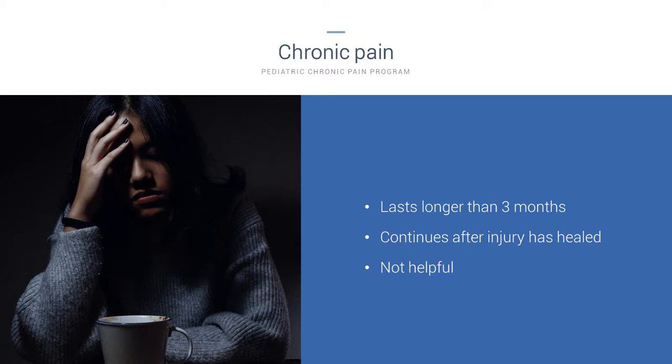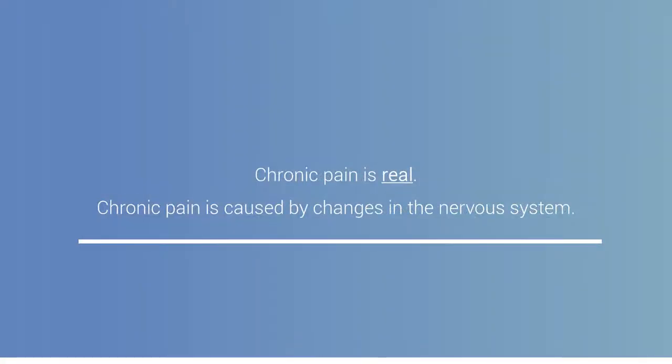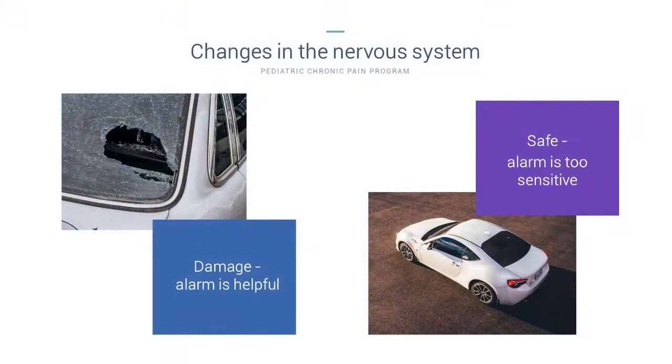Because tissues have healed and infections are gone, we cannot explain chronic pain by tissue damage or infection. Rather, we need to look at the role of the nervous system. Chronic pain results in unhelpful changes in the nervous system, where it continues to send danger messages despite no danger being present. We often compare the changes in our nervous system to a car alarm. Generally, to set off a car alarm requires damage to the car, like a broken window.